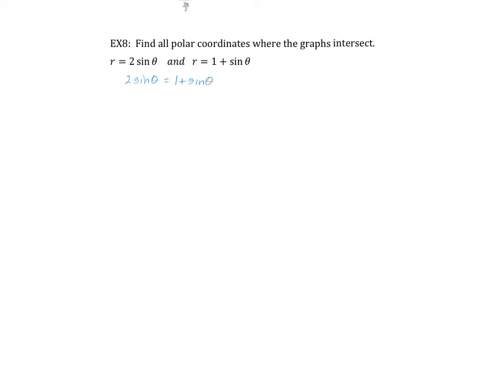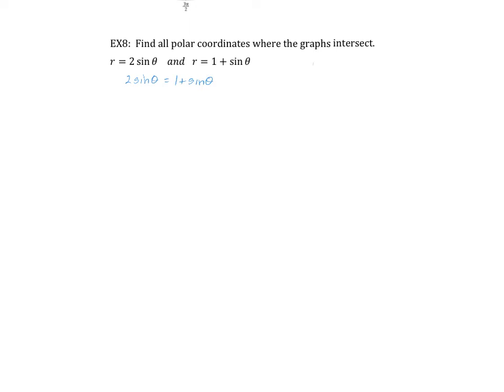There is a problem though, and that would be at the pole. When r is equal to 0, it doesn't really matter what theta is. Okay? So with polar graphs, algebraically you can find thetas where they'll intersect, but they also might intersect at the pole.